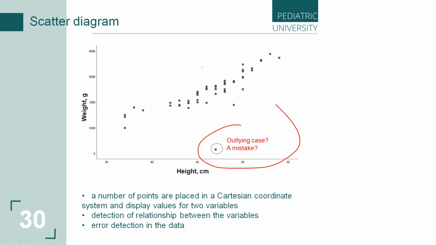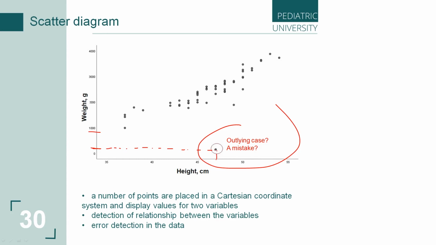It happens that children are born with an extremely low birth weight, really less than 1 kilogram. Then the height would also be correspondingly small, and it would be considered an outlier. But in our situation, a very low birth weight with a height of over 45 centimeters is clearly an error.